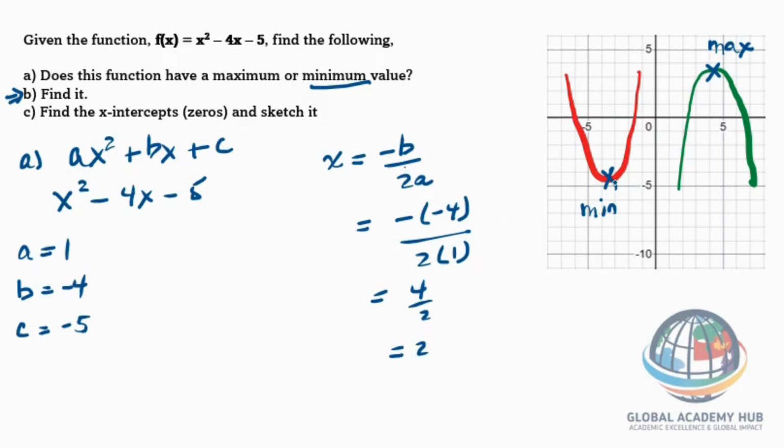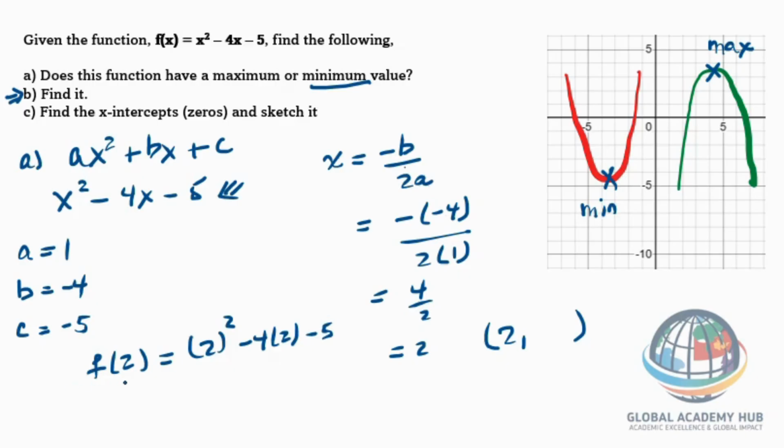So we know our minimum value is going to be 2, something. What's that something? We know the x value, so we have to apply f of 2 into our function. And remember, this is our function right here. So f of 2 means we'll have 2 squared minus 4 times 2 minus 5.